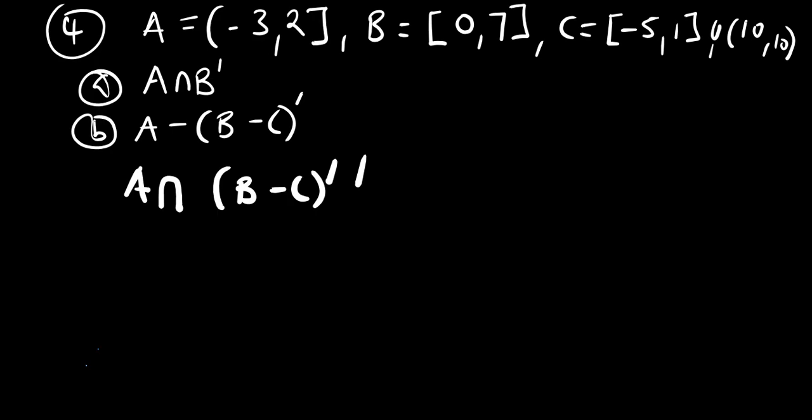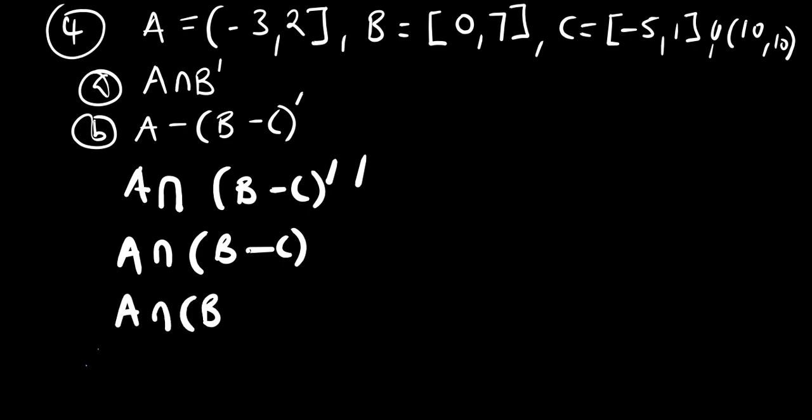Now what do we do? A complement and the complement will cancel, so we have A intersection B minus C. What is in the brackets we can also simplify further, so we have A intersection B intersection C complement.